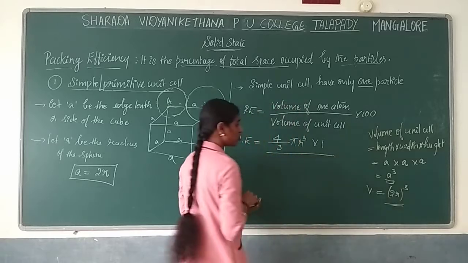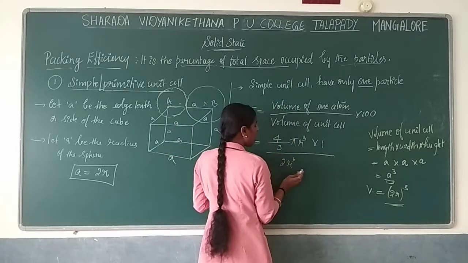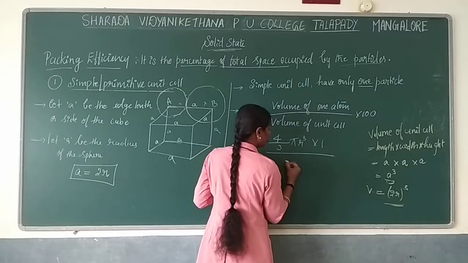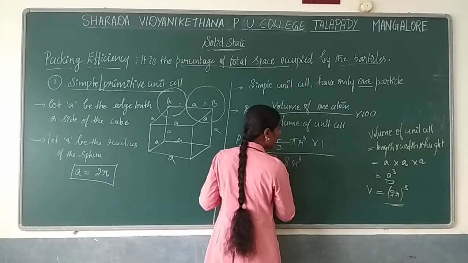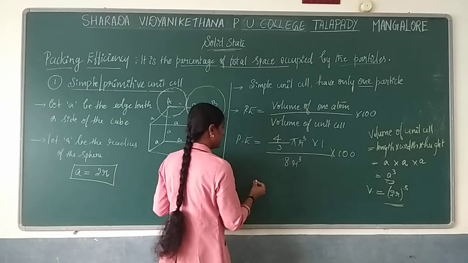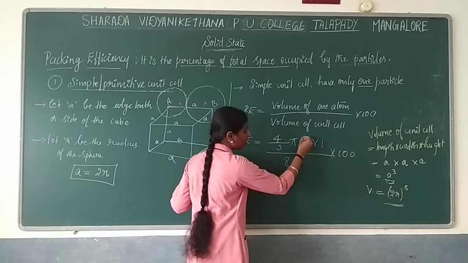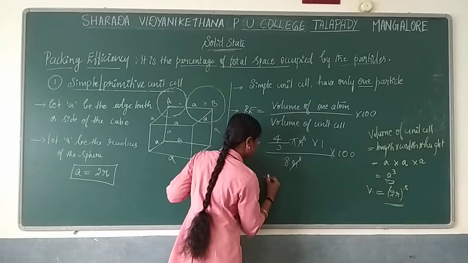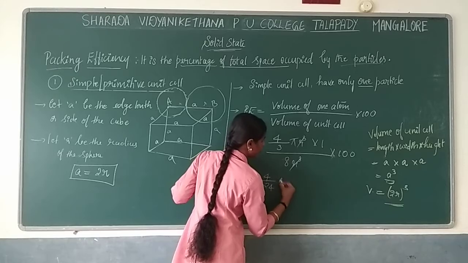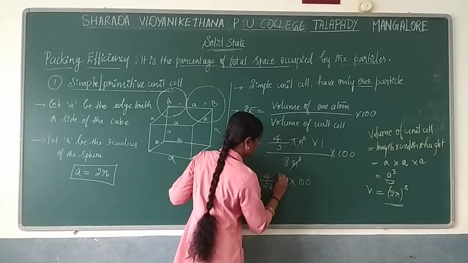So you just substitute over here. It comes as 2r cube, and 2 cube is 8 into r cube, multiplied by 100 because you are finding a percentage. So packing efficiency is equal to, r cube will get cancelled, so we will get 4 by 24 pi into 100.